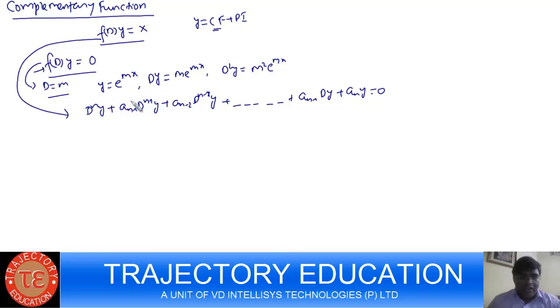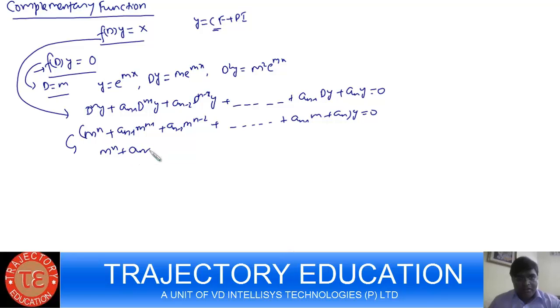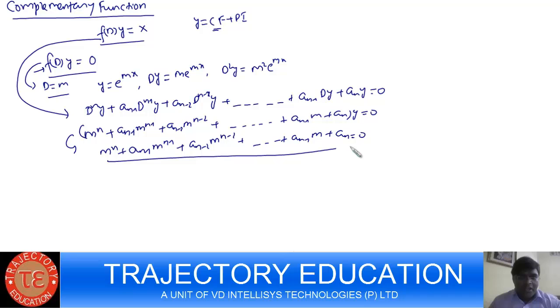So if I put y equal to e to the power mx, it comes as m^n plus a1 m^(n-1) plus a2 m^(n-2) plus and so on, plus an, equal to 0. This is nothing but a polynomial in m.